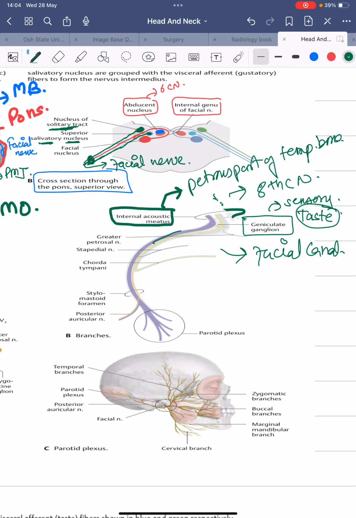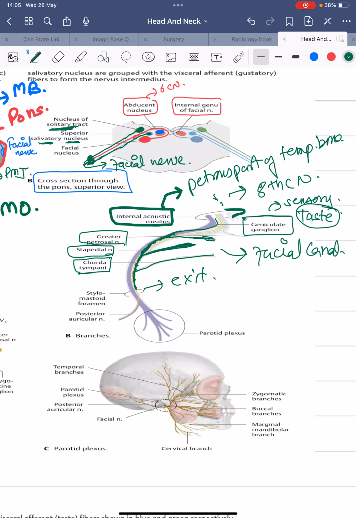After the geniculate ganglion, it goes downwards and gives branches: one branch, second branch, and third branch. Three branches. The first is the greater petrosal nerve, the second is the nerve to the stapedius, and the third is the chorda tympani. And after that, it exits.